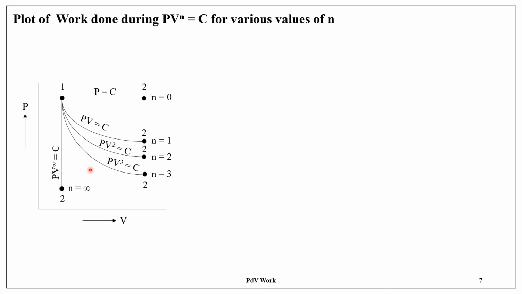So when n equal to 0, constant pressure, n equal to 1, constant temperature, n equal to infinity, constant volume process. The in-between processes are polytropic.